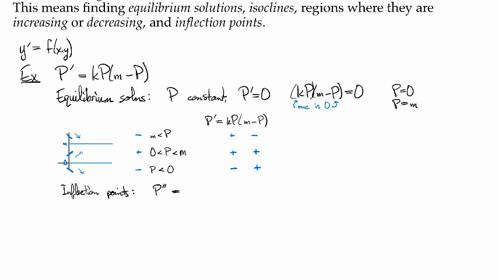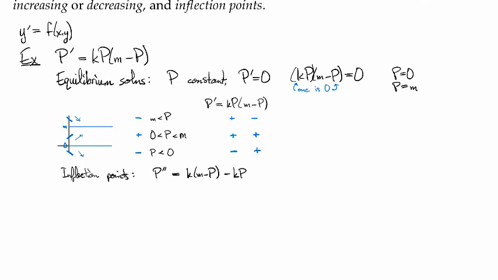We apply the product rule and we see we've got k(m - P) minus kP for our second derivative. And so that's equal to km - 2kP.